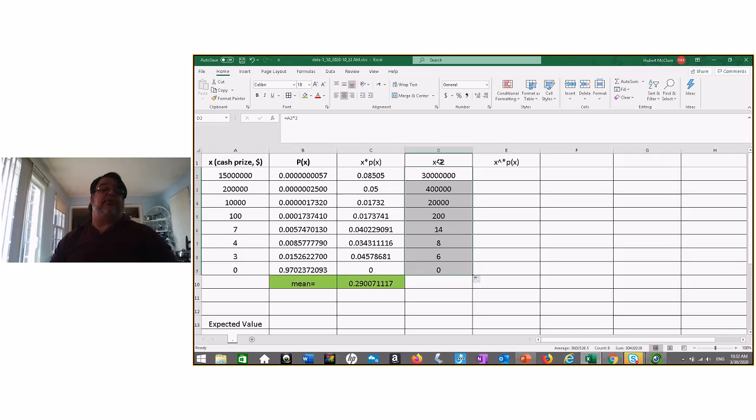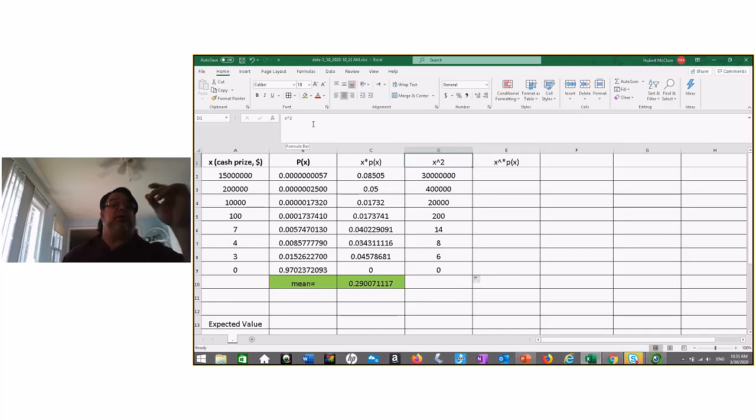I must have did something else. X raised to the second power. 7 raised to the second power is not 14. There it is. There, that looks better.